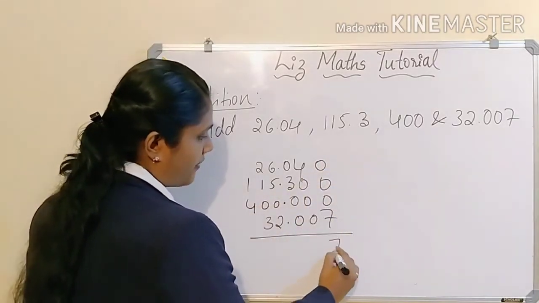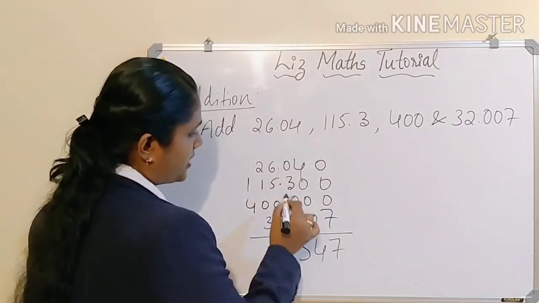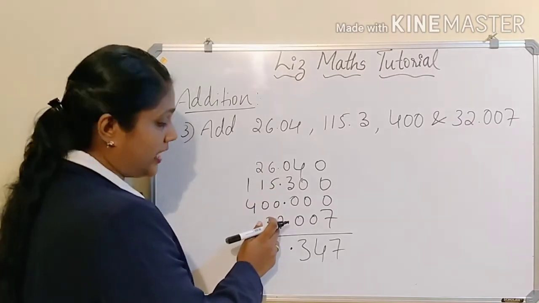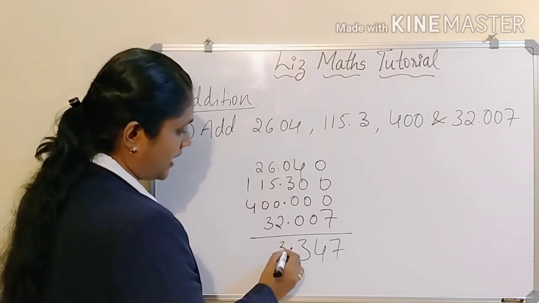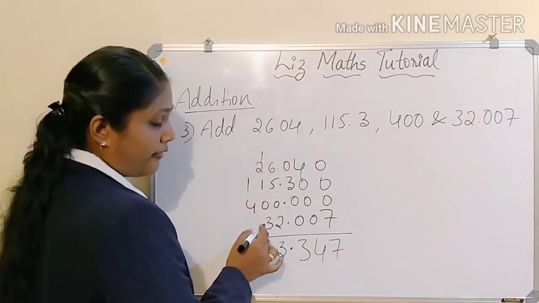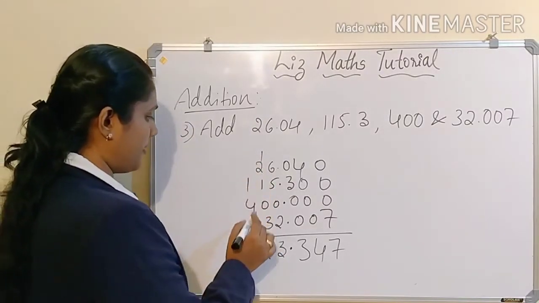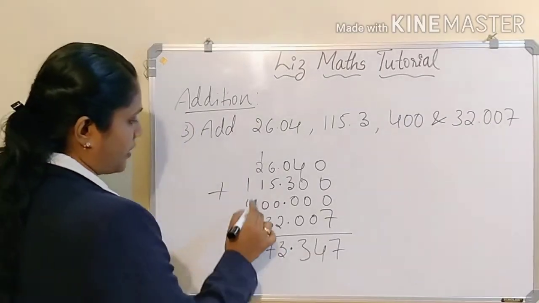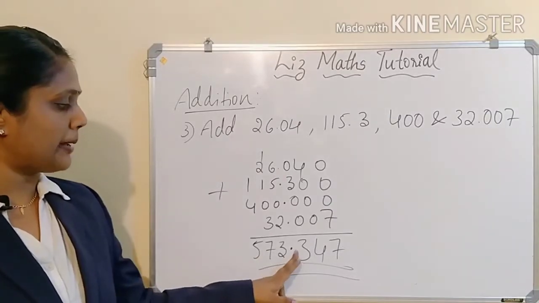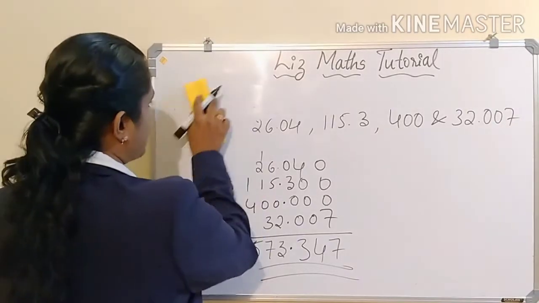So here 7, 4, here 3, point, then 6 plus 5 is 11, 11 plus 2 is 13, 3, and 1 in your hand, 2, 3, 4, then 4 plus 3 is 7, then anything remaining? No. Then 5 here, 4 plus 1 is 5. So you have added this also. 573.347 is the answer. The remaining is subtraction.